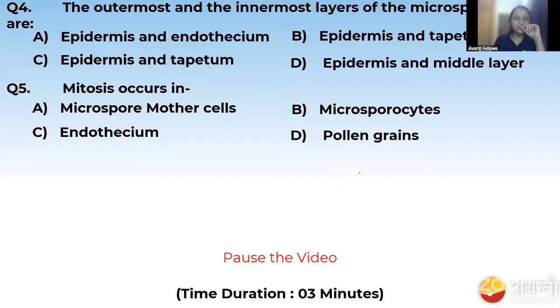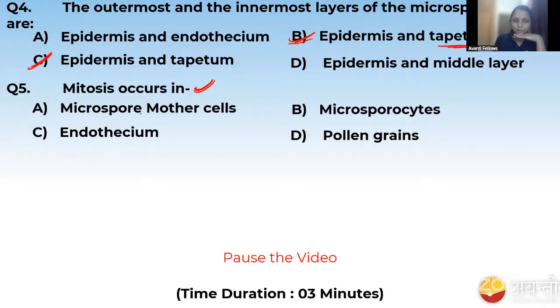Okay, in option B and option C, they have given the same, right? Very good, brilliant students. All are giving BC. Yes, guys, actually both are the same. The outermost layer is epidermis, so B and C are correct. And the innermost layer is tapetum, right? B and C both are the same. That is correct.